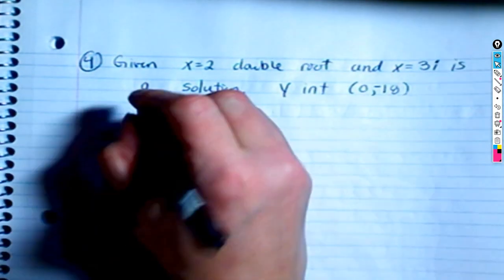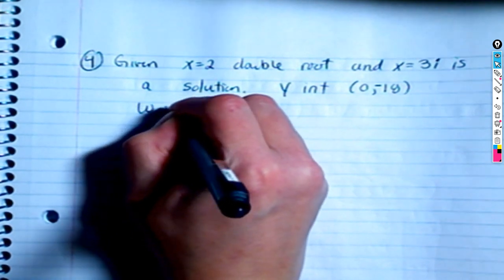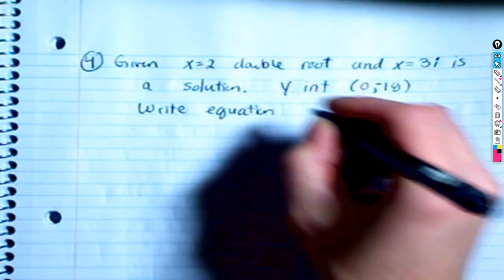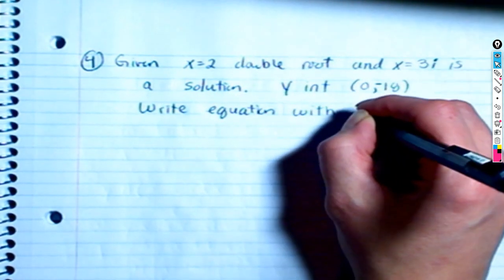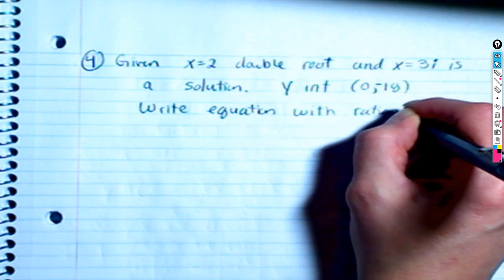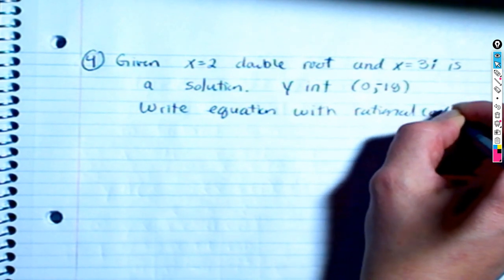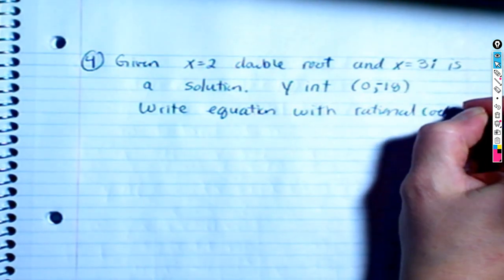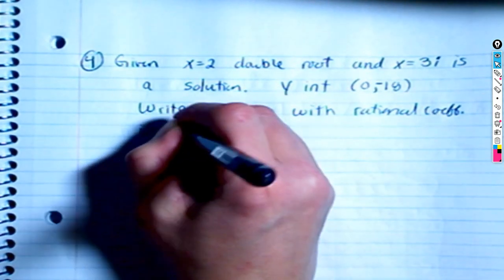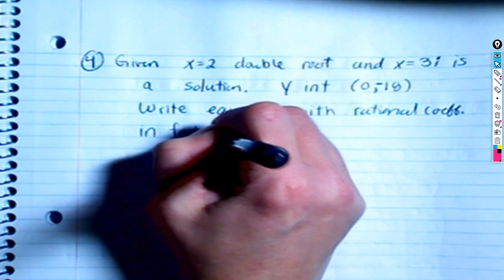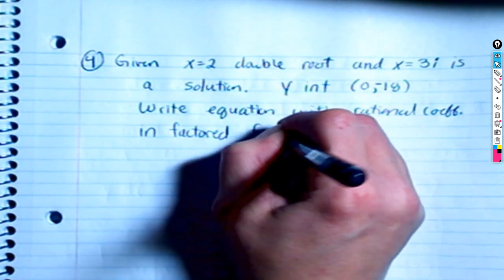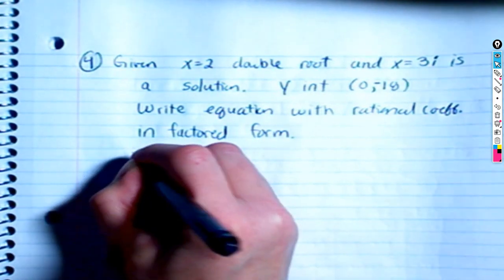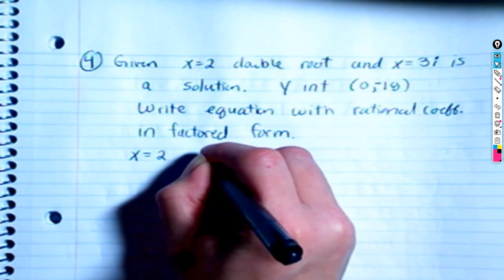All right, look at the directions. Write equation with rational coefficients in factored form.